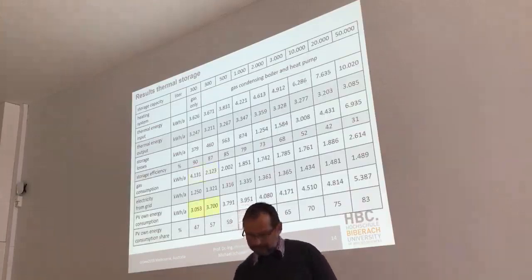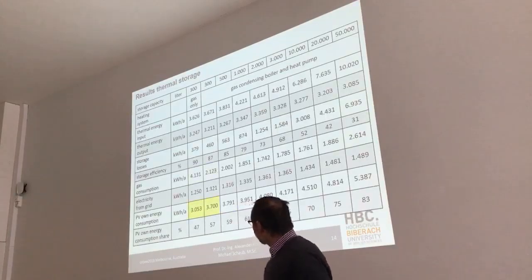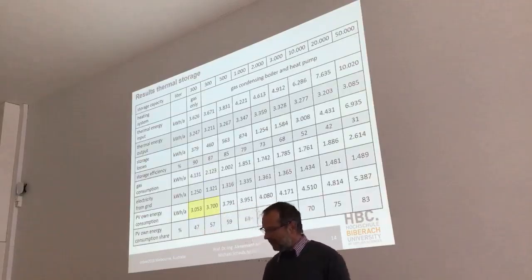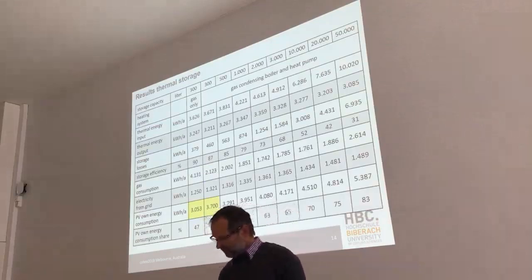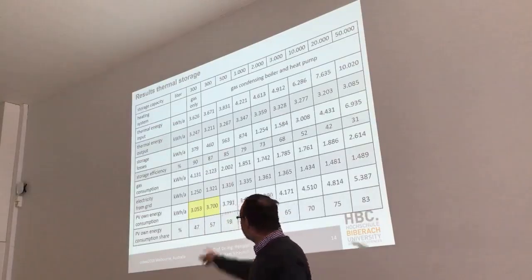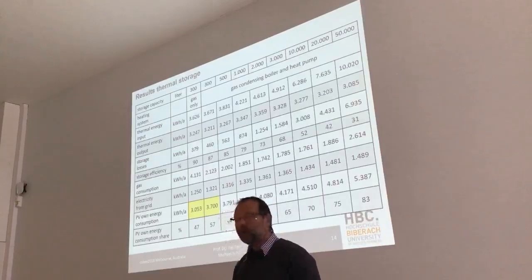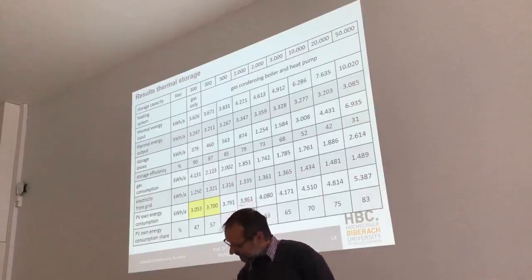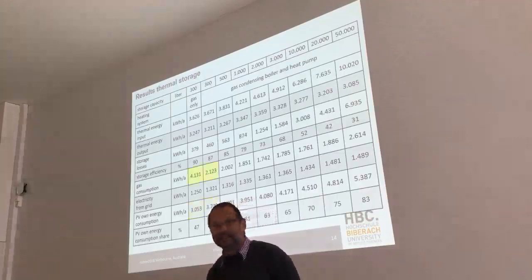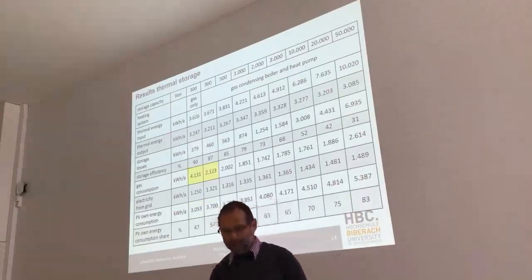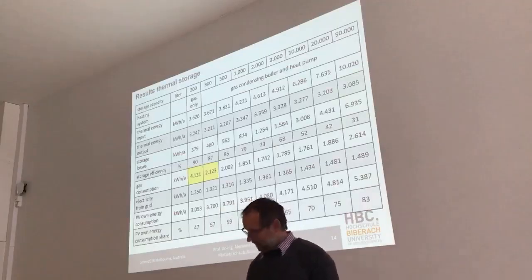By adding a heat pump to the system, the PV own energy consumption grows by 20% to 2,700 kilowatt hours, using only a small storage tank of 300 liters. At the same time, the gas consumption decreases by almost 50%, from 4,100 to 2,100 kilowatt hours a year.